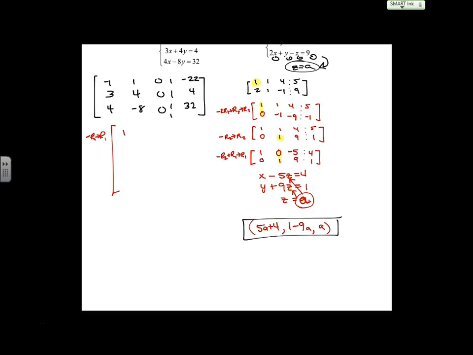Negative 1 times negative, 1 times negative, 0 times negative, 22 times negative. Is that okay? Second row stays. Third row stays. Guess I got a little carried away. Got my leading coefficient. What am I going to do for my second 2?